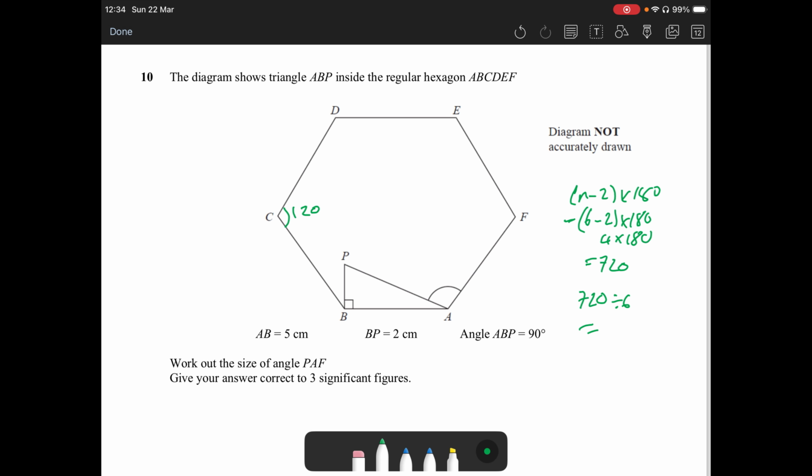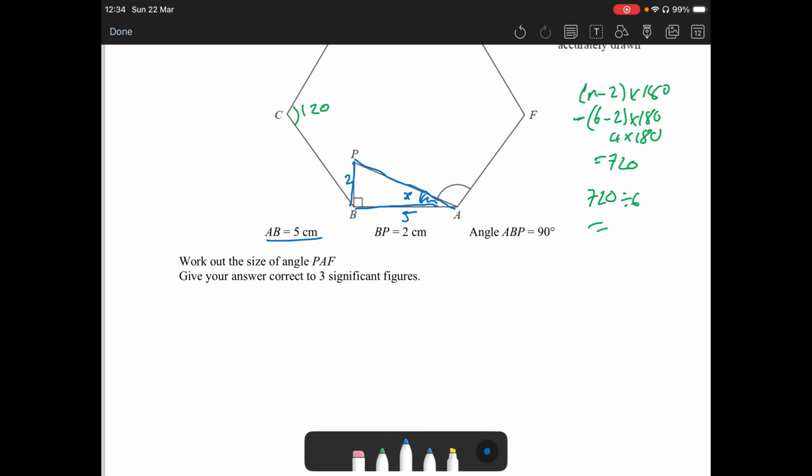And we know that AB is 5, BP is 2. So what I want to know now is what is the angle of this, I'm going to call it X. Right, that's a right angle triangle. So what I'm going to use is SOHCAHTOA, because that's the opposite, and that's the adjacent.